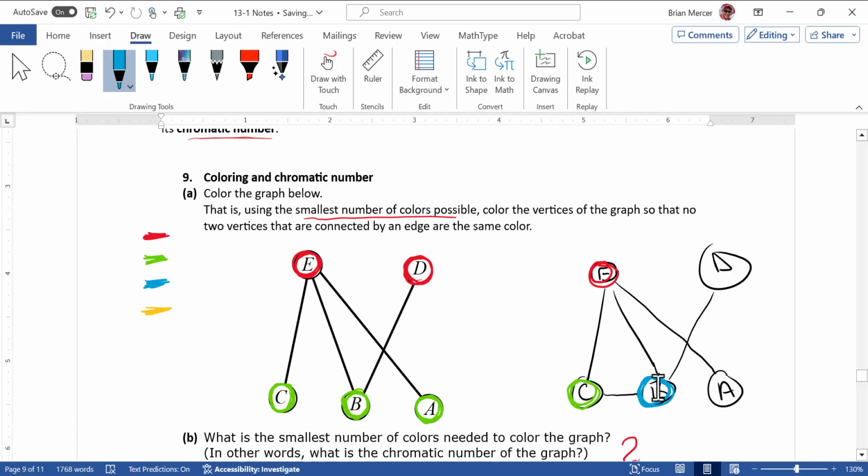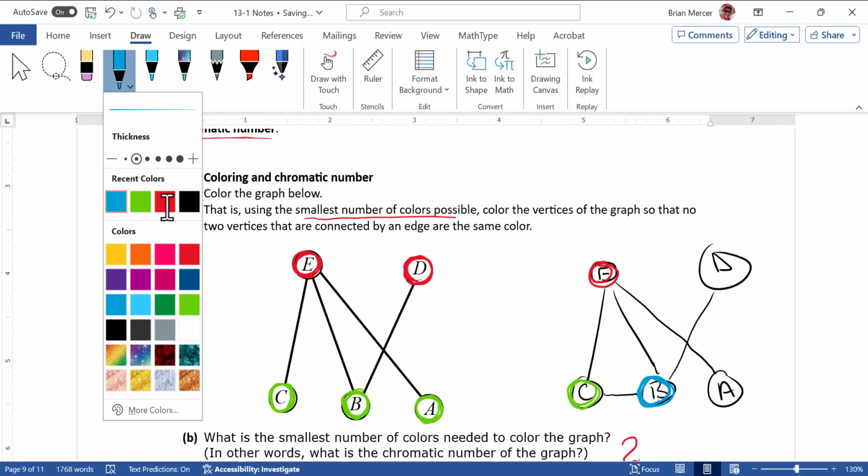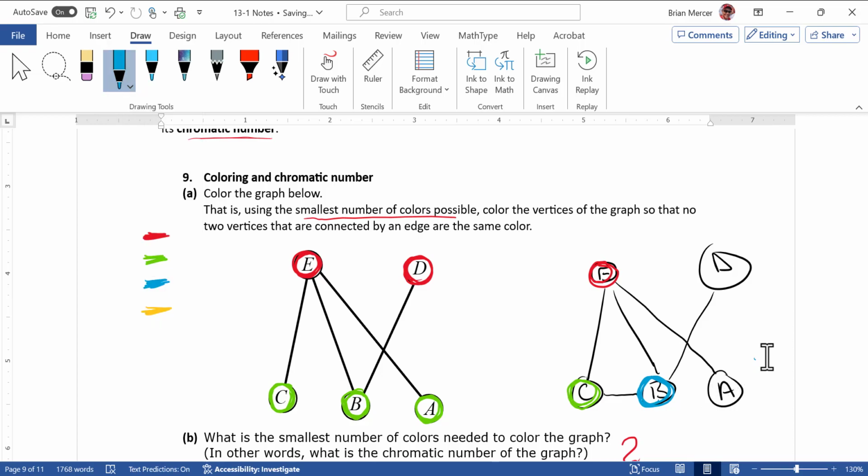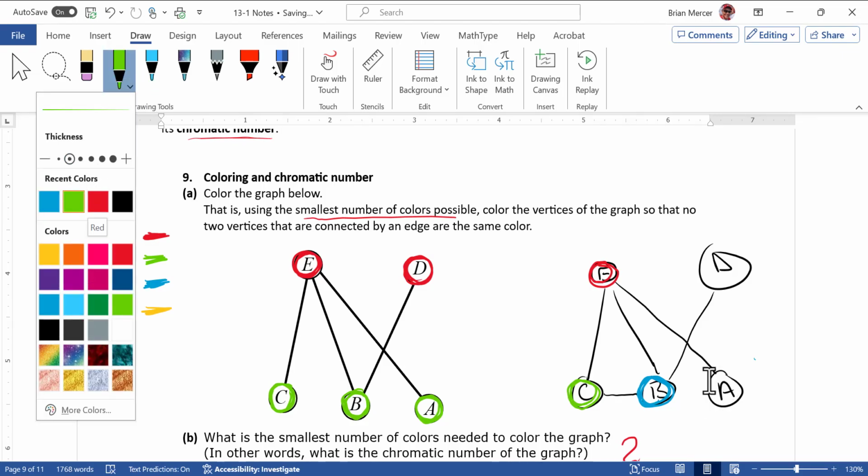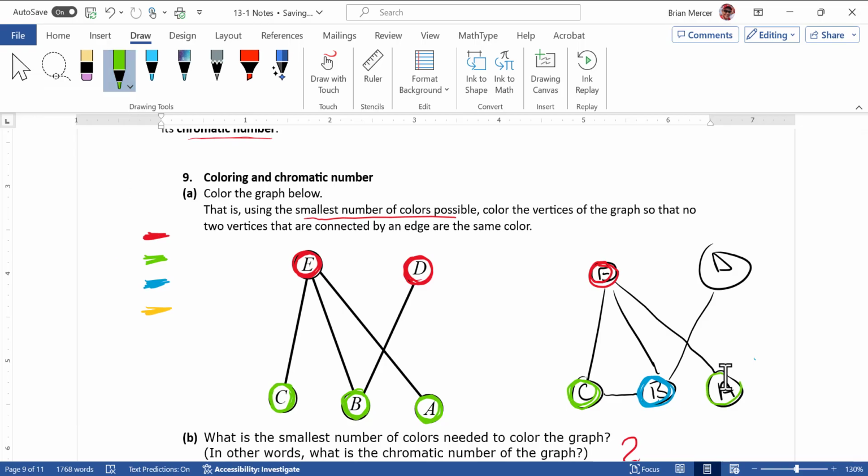Then I go back to the beginning, and with every color you just consider them in order. Looking at A, can it be red? No. Can it be green? Yep. So I go back to green. And then D again, can it be red?